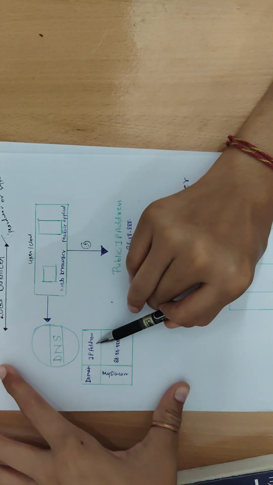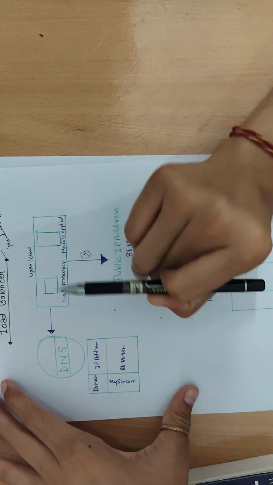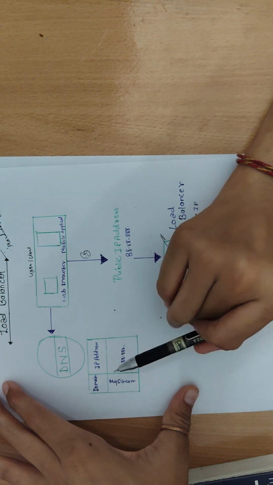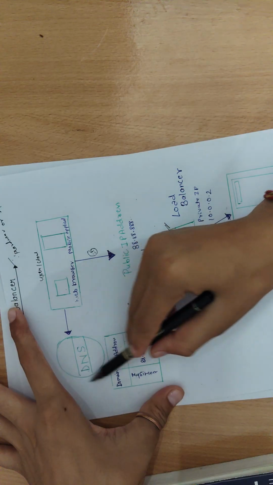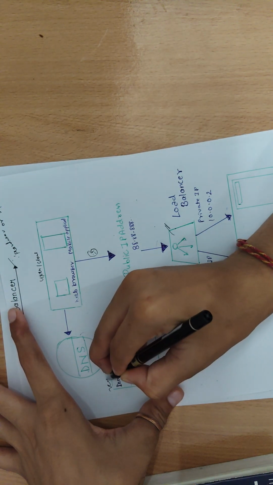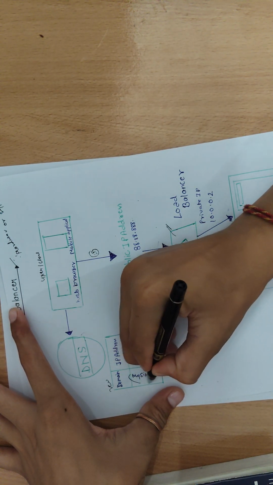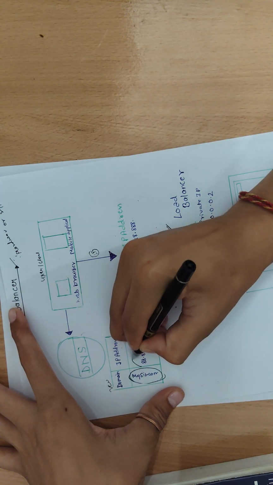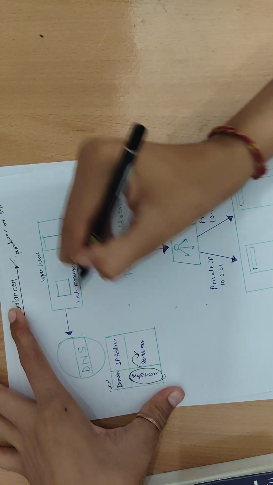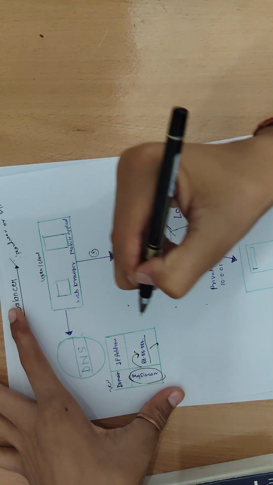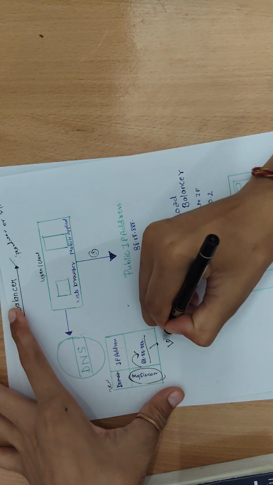So we have to configure the IP address of the load balancer in the DNS. First, in the DNS we will make a record that for mysite.com this IP address should be passed to the client. Now this IP address points to the load balancer.